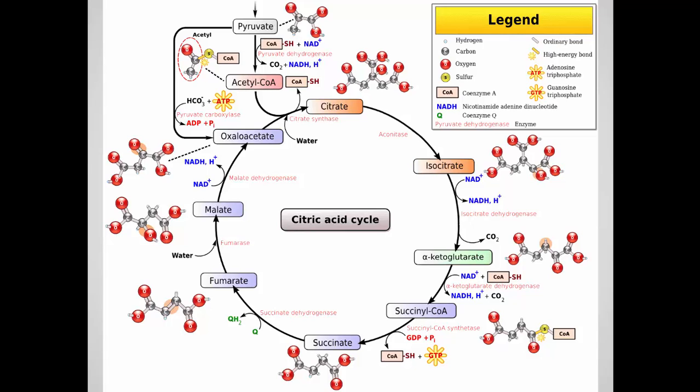That gets combined with this 4 carbon molecule, and that gives us a 6 carbon, which gets transformed into the 5 carbon, transformed into 4 carbons, and so forth. So we have this cycle. Along the way, we're producing our NADH. We're releasing some carbon dioxide, and that process repeats.